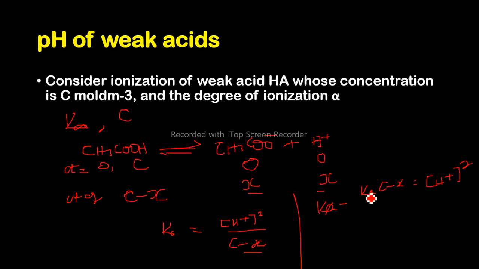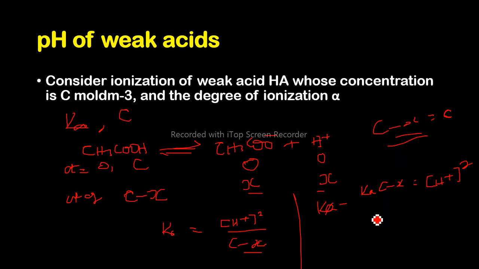But since this one is a weak acid, the X in C minus X is negligible. It is equivalent to C. Because this is a weak acid, its ionization is very weak, so that the X, which is the degree, is really small.